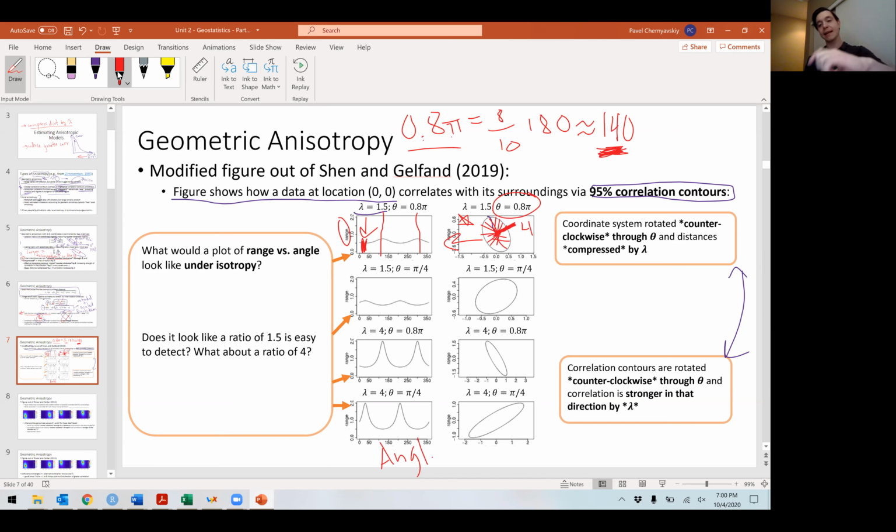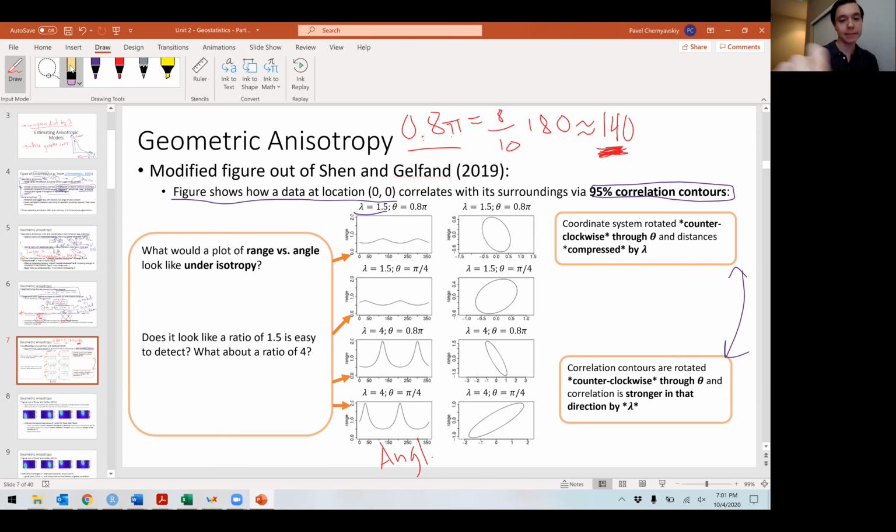And if we just take that ellipse and we unfurl it, we can easily pick out 140 degrees as direction of greatest range, the largest distance at which data are correlated, and smallest range, where data are less spatially correlated, more independent.